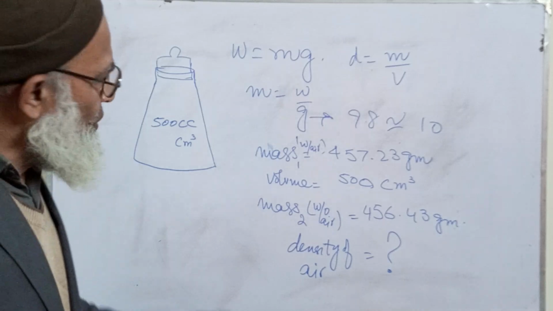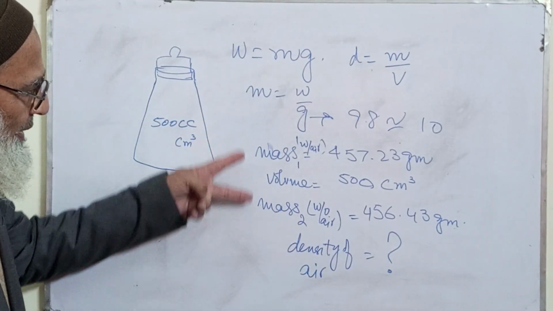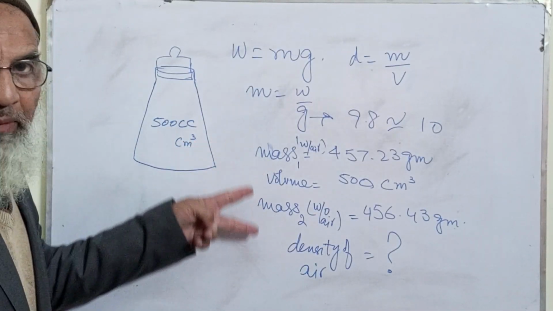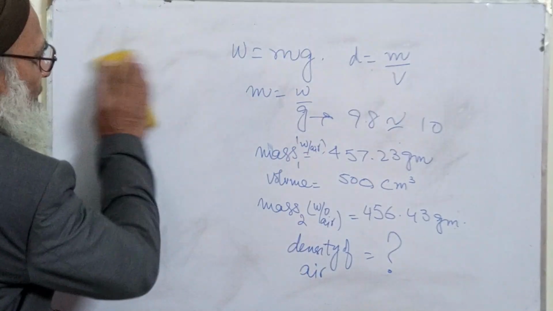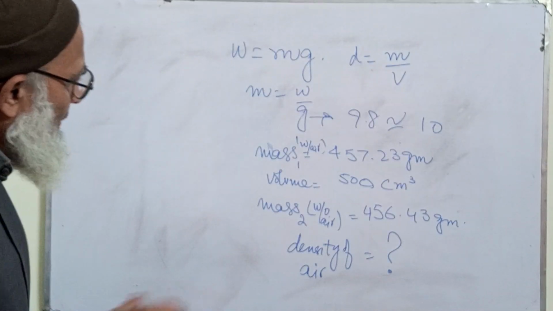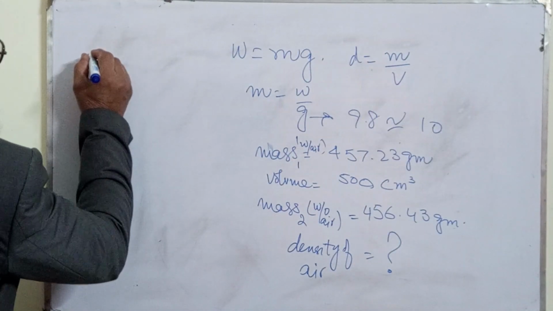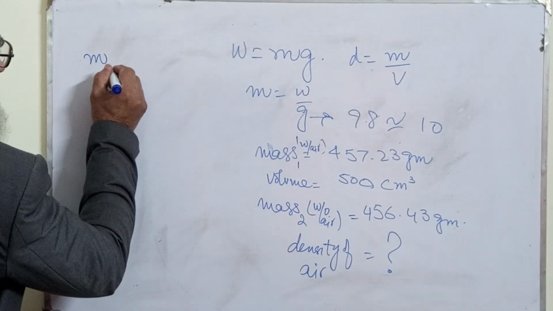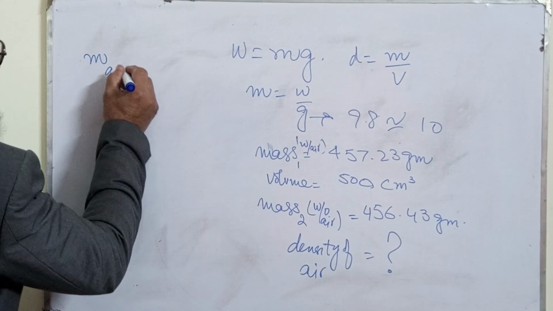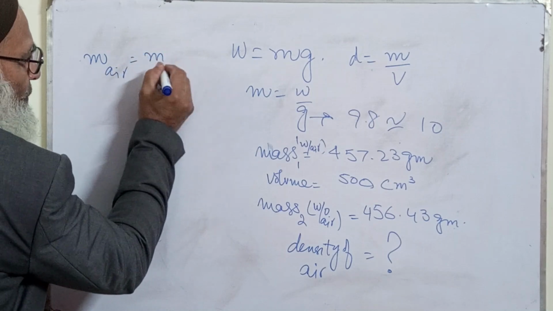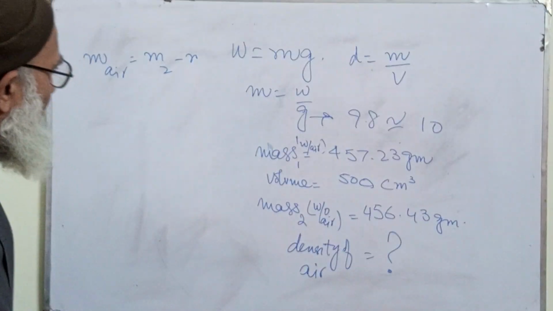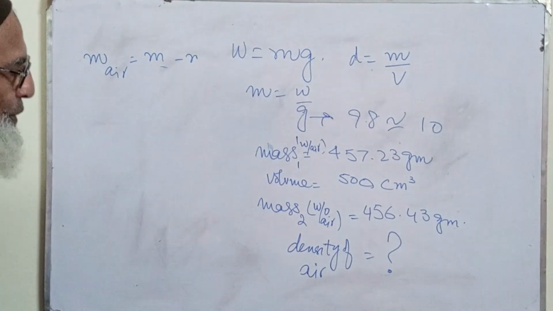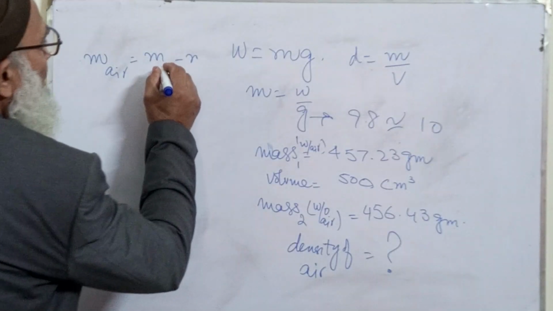So what will we do? We'll first find the mass of the air. Mass of air is equal to M1 minus M2, because M1 is heavier.